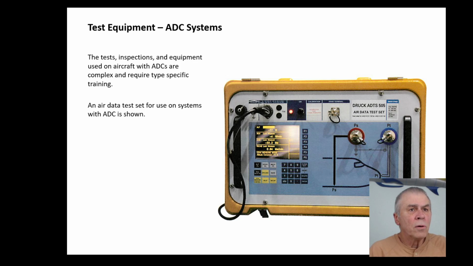All right, so when you are using the air data computer in the higher speed aircraft, you can see the outline of the transport category aircraft here with pitot 1, pitot 2, or P1 and P2, I'm sorry, PS and PT.